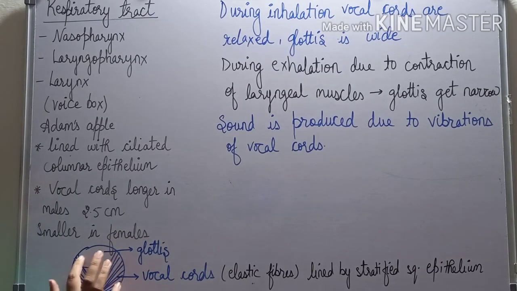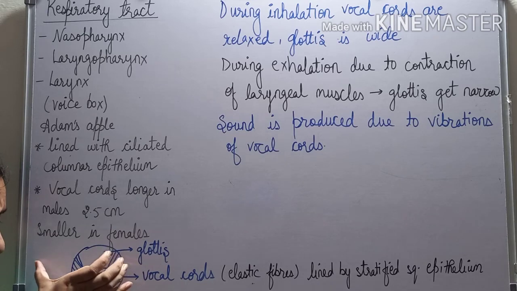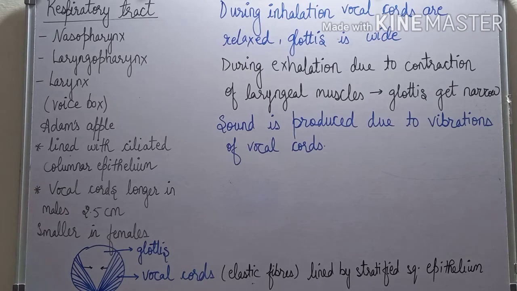During inhalation it remains wide, but during exhalation, due to contraction of the laryngeal muscles, the glottis becomes narrow, and as the glottis becomes narrow, the vocal cords start vibrating and sound is produced.